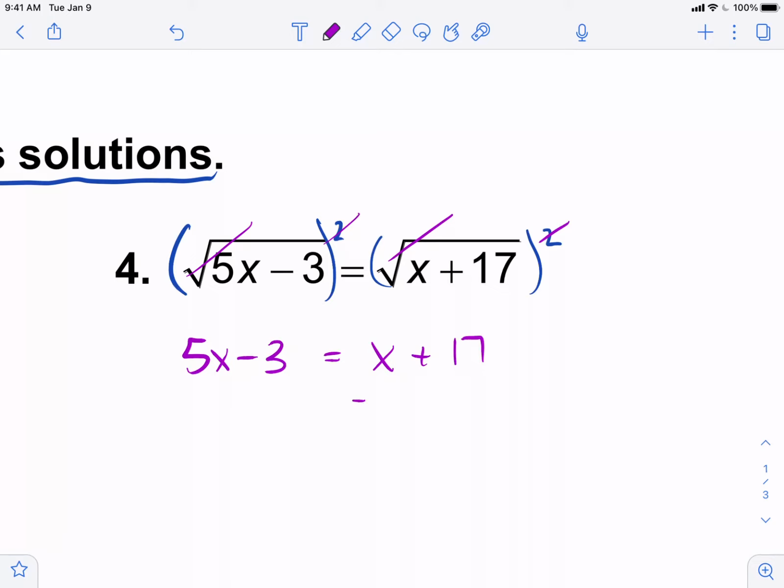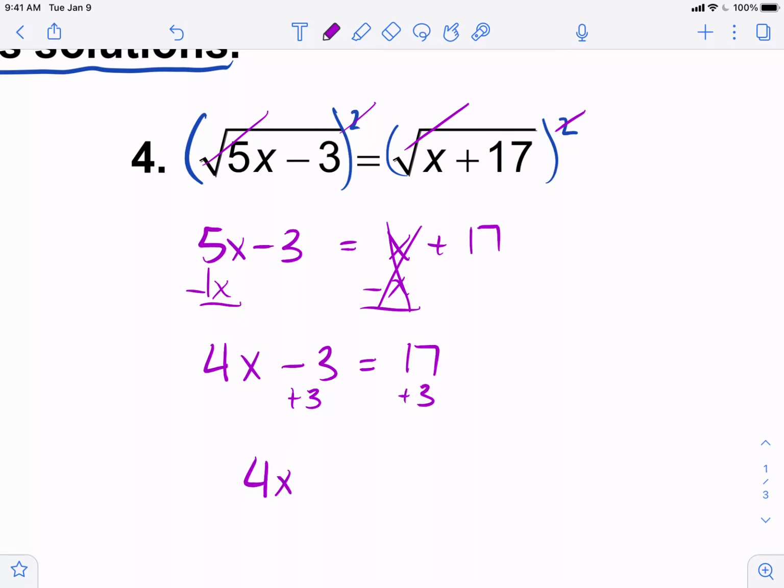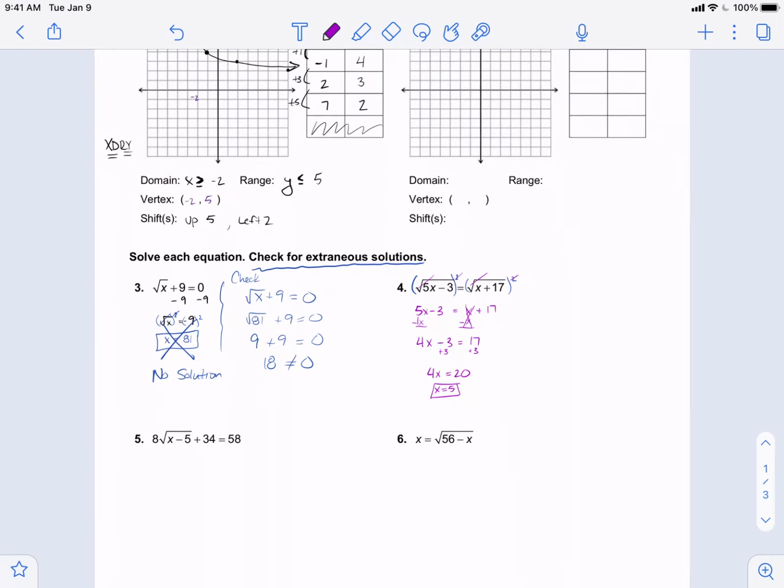Now, our job is to get our x's on the same side, so we're going to subtract x from both sides. 5x take away 1x is going to give us 4x minus 3 equals 17. And then our job is to get x alone, so we are going to add 3 and add 3. That will give us 4x equals 20, which means x equals 5. Great. We'll save those other two problems for you, number 5 and number 6.